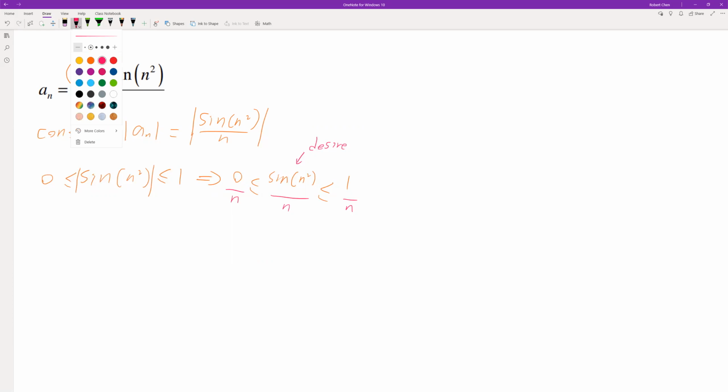For example, we can show that this sequence converges to 0, because 0 over n is 0. It all converges to 0. And 1 over n, when you take the limit as n approaches infinity, 1 over infinity, that also converges to 0.